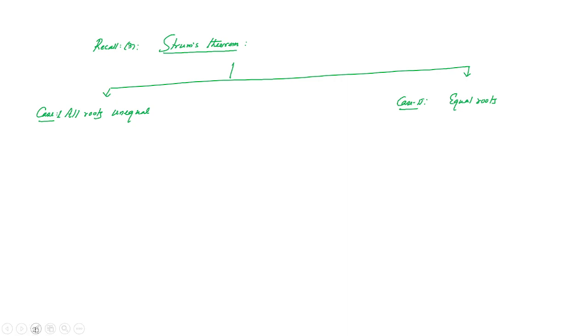So actual Sturm's theorem is applicable for locating the position of real roots of an equation.